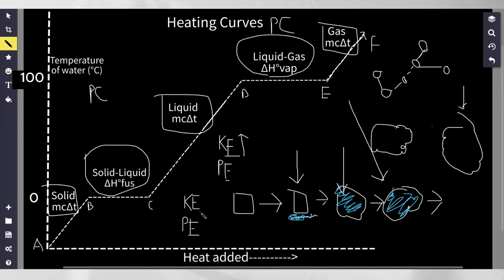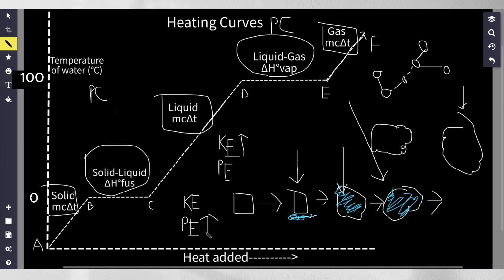It's not going to change because, as we can see from the graph, the temperature does not change, which means our kinetic energy does not change. But as we said, we're weakening the attractions between the molecules, so our potential energy is increasing.